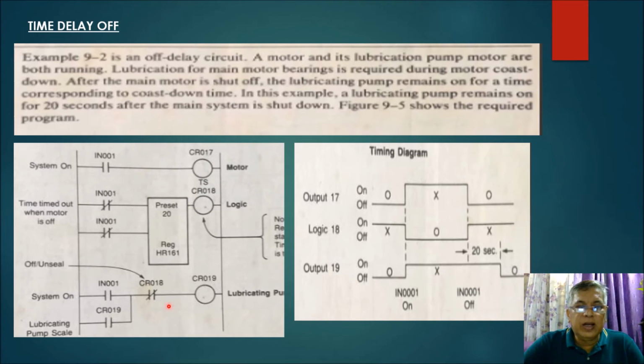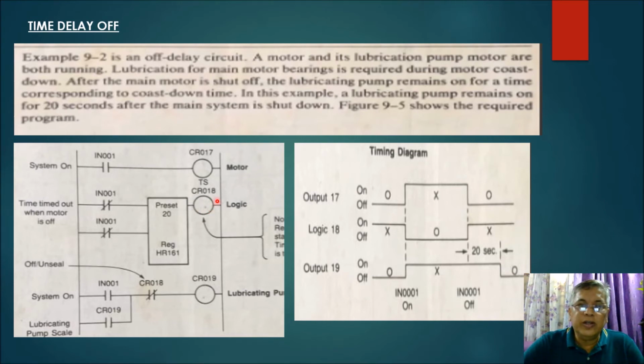So, if we will discuss the problem based on the circuit, your input 001, which is normally open, will not energize CR017. But if you notice that input 001 here, which is also the internal contact of input 001 here, these two here, which is normally closed, if this is normally closed, that means that CR018 is initially turned on.